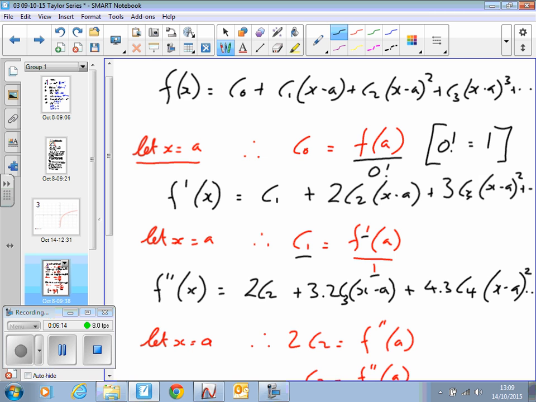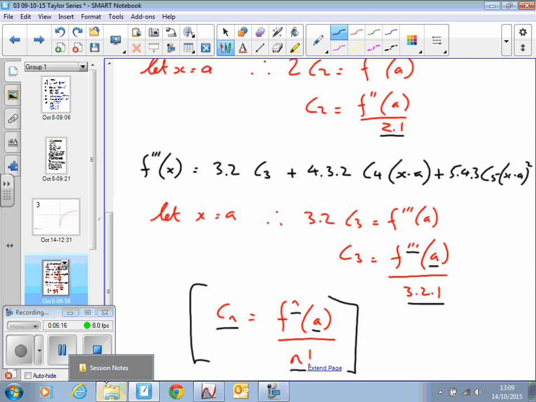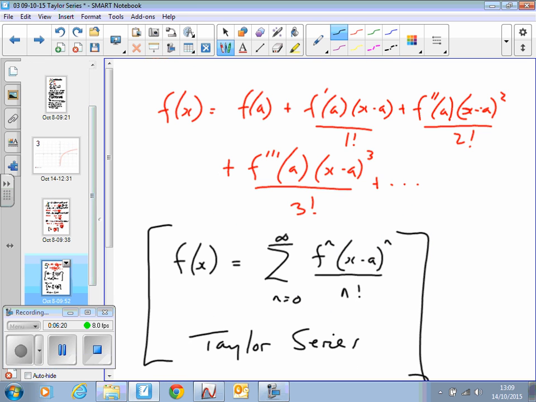So now we have a way of finding all these values of Cn, and if we put them into the power series, we've got a way of finding all these different values. So, for example, f(x) equals f(a).